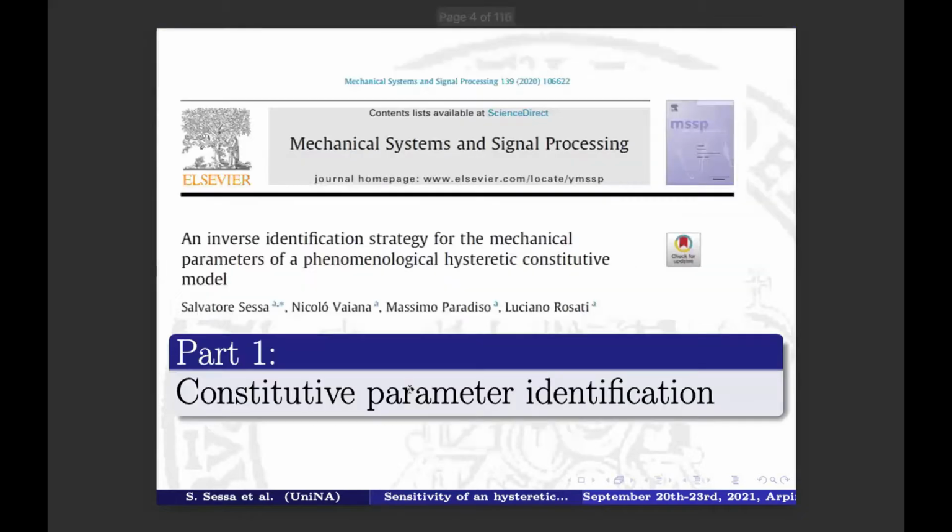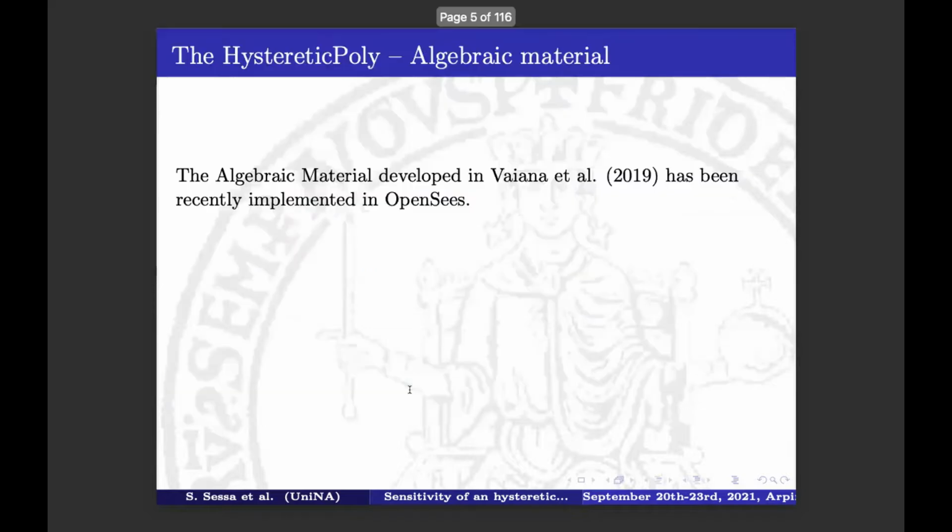So let's start with the identification that we published in this paper for the details, and just a brief overview of the material that I am considering, which was called the algebraic material, and I will call it hysteretic poly just because it was implemented into a finite element framework, and this is the official name that has been used.